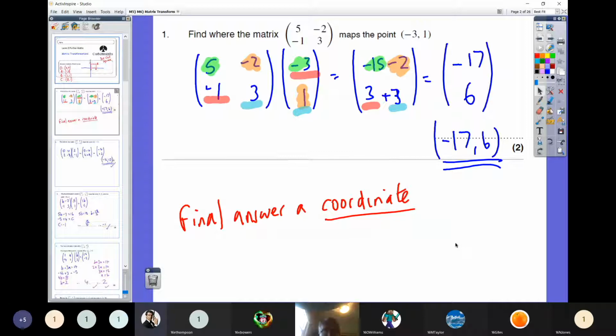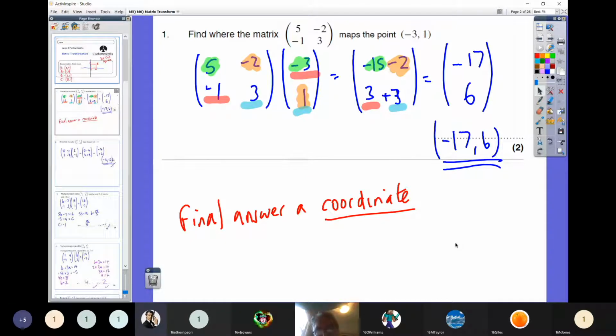So there's a number of questions to kick off where they're just asking you to map a coordinate. Okay, so find where the matrix 5, -1, -2, 3 maps the point -3, 1. So all you have to do here is change that coordinate into the single column matrix, the -3, 1, and then you just multiply it just like you were doing last week. So we've taken the matrix, the point that it's mapping, we've turned it into a matrix, we've multiplied the 2 matrices together, and we're being asked where it maps to.